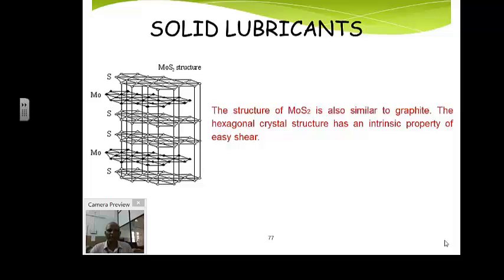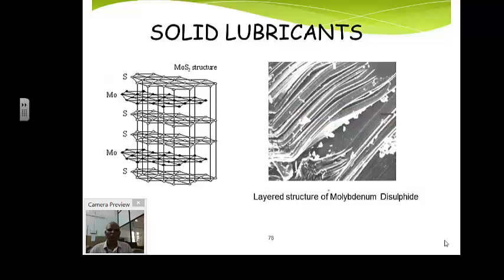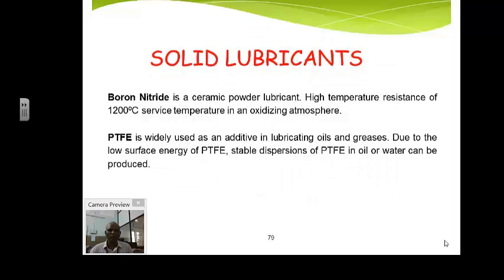The hexagonal structure has an intrinsic property of easy shear, and one major advantage is that it can operate at very high temperatures. This is a typical structure of a layered molybdenum disulfide. Boron nitride as well as PTFE are also solid lubricants. They are widely used.